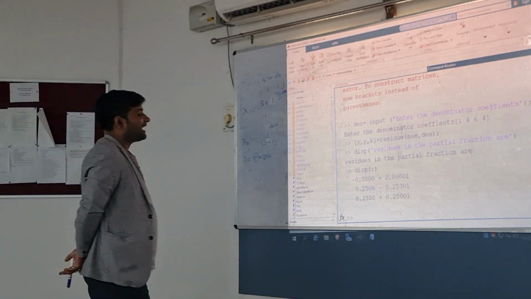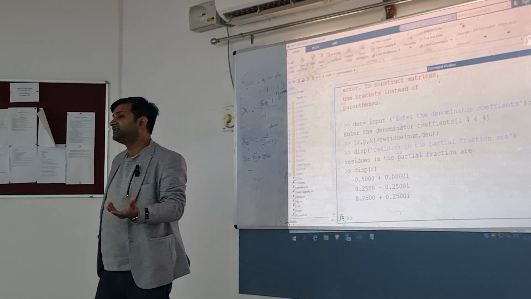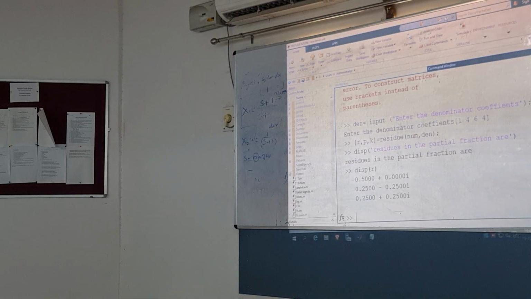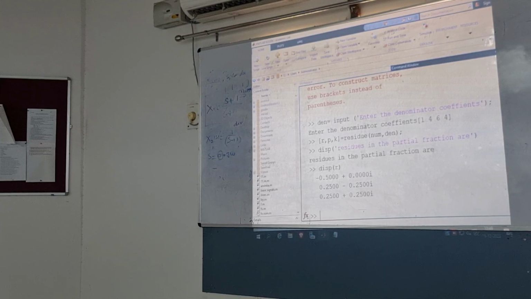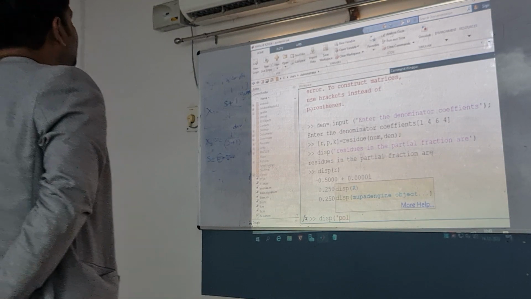This is the R values can be displayed, and similarly you have displayed the P suffix for the pole, R suffix for the zeros. Pole. DSP. R suffix for the residue.